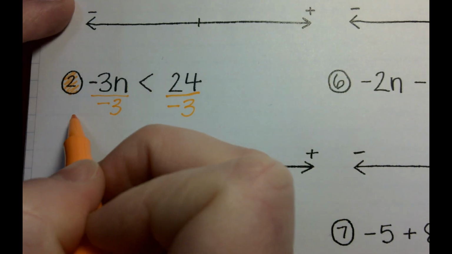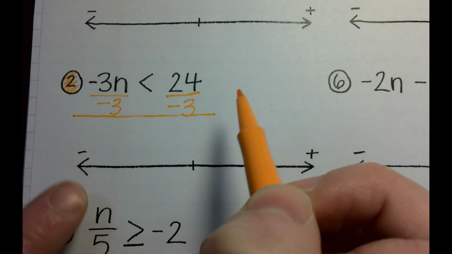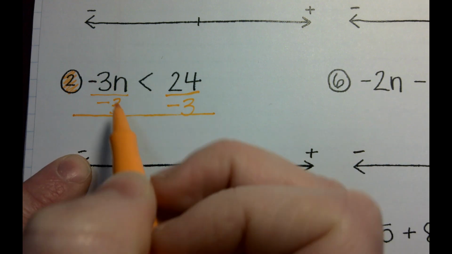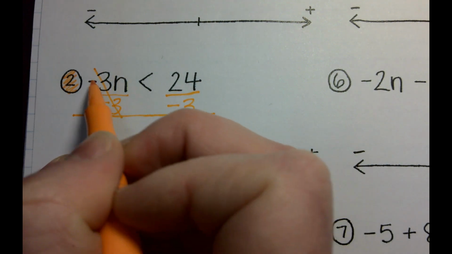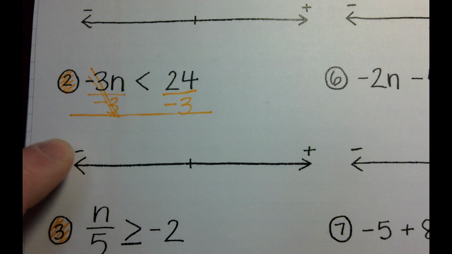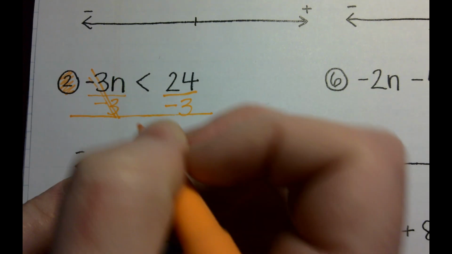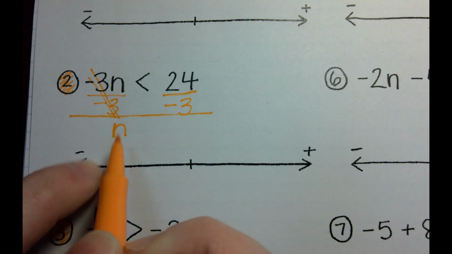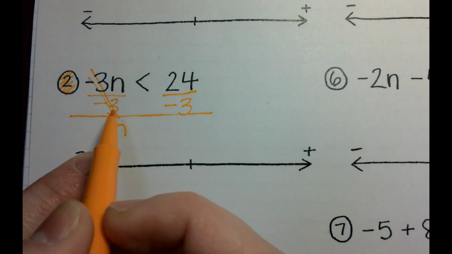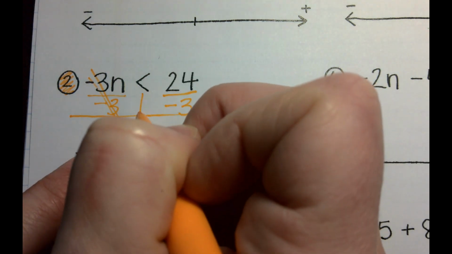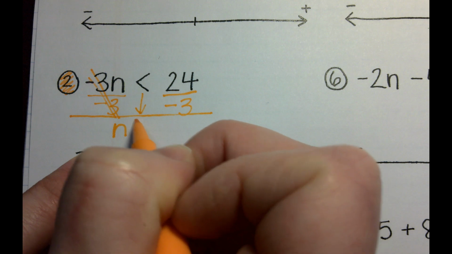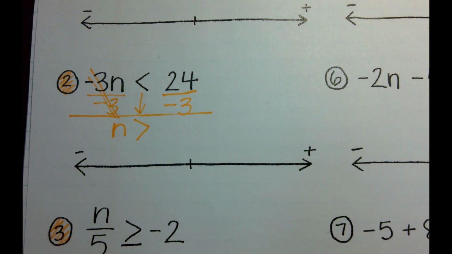Here's what that looks like. As I go through, I'm going to cross out my negative 3s. Those cancel out, leaving me with what? N. Good. N is by itself. And since we divided by a negative, less than becomes greater than. We're going to flip it.